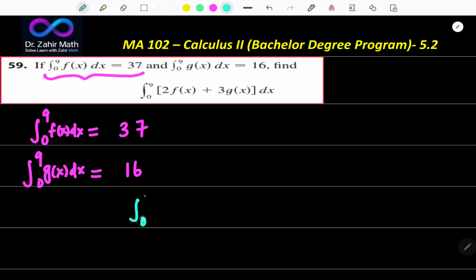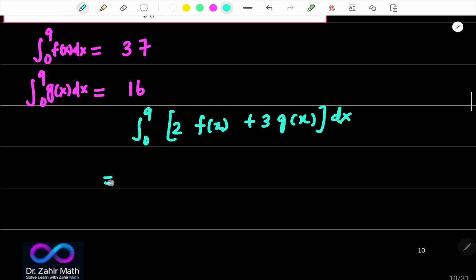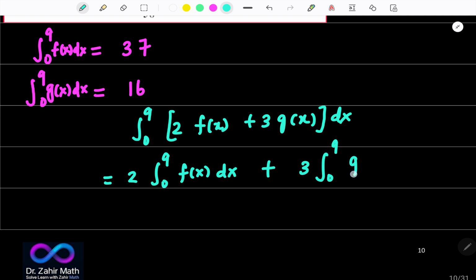So what is the question now? The same limit 0 to 9, 2 times f of x plus 3 times g of x dx. So according to the property, what can I do? I can take this 2 out, integral 0 to 9 f of x dx by one property. And by another property, I can split this also: 3 times integral 0 to 9 g of x dx.